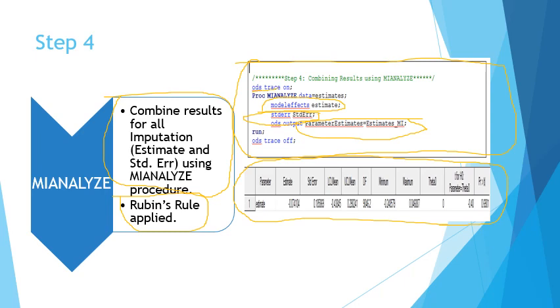You can see I have used PROC MIANALYZE to combine 100 datasets and to create one single estimate and standard error corresponding to week 52.